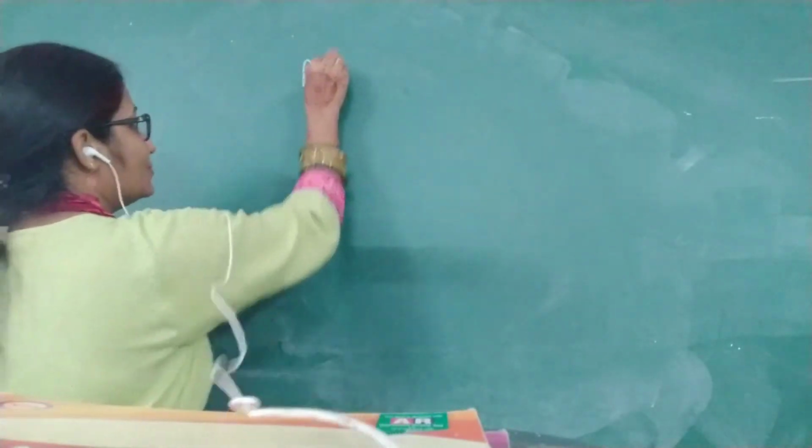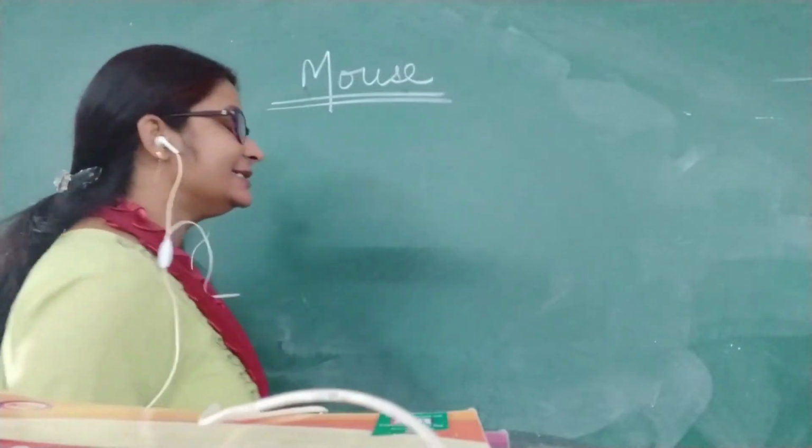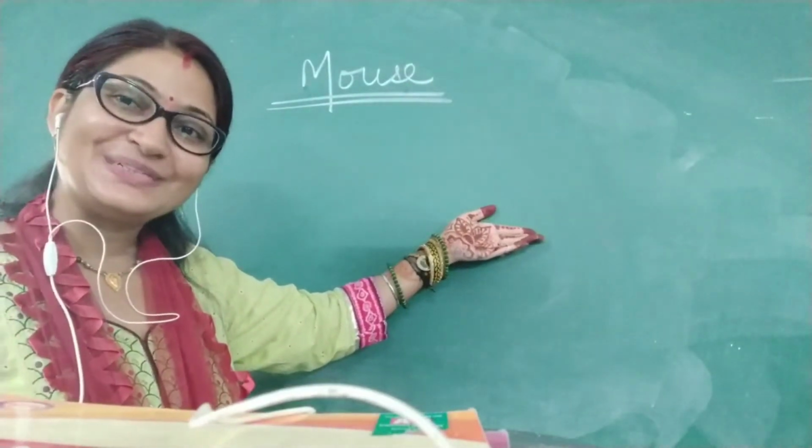Any rodent? Obviously not, but it is a pointing device often considered as an input device, and it is none other than a mouse. So we are going to learn about a mouse in this video. Let's get started.